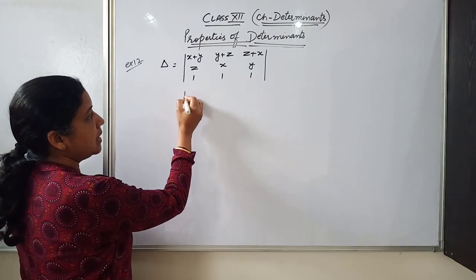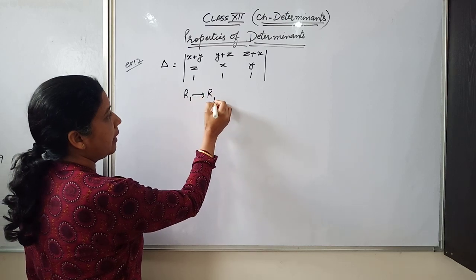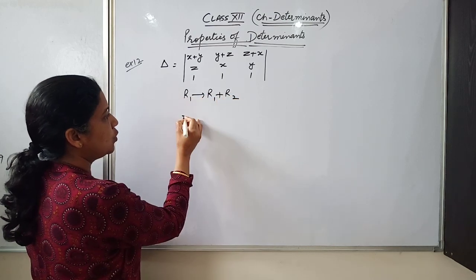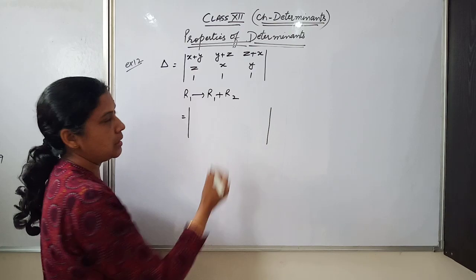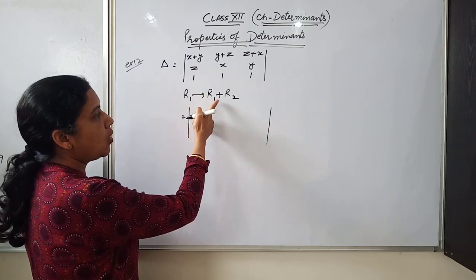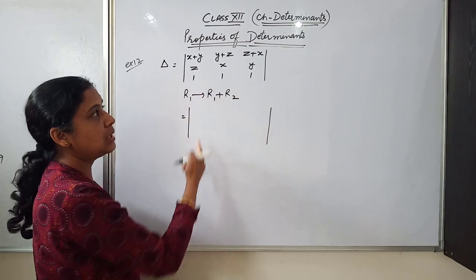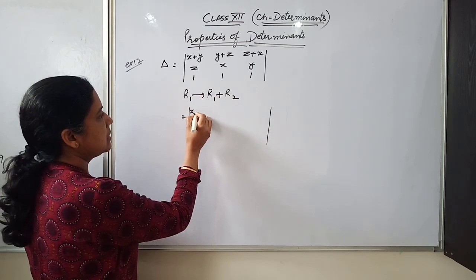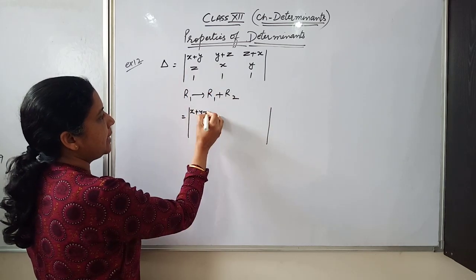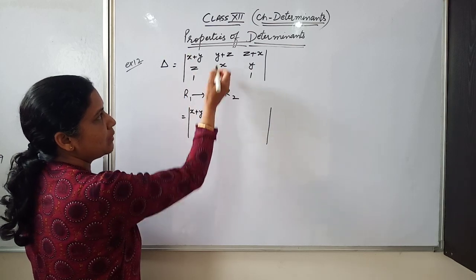As you can see, I can go for R1 goes to R1 plus R2. That is, all the elements of the first row will be added to the second row elements. So I get x plus y plus z, corresponding elements will be added.